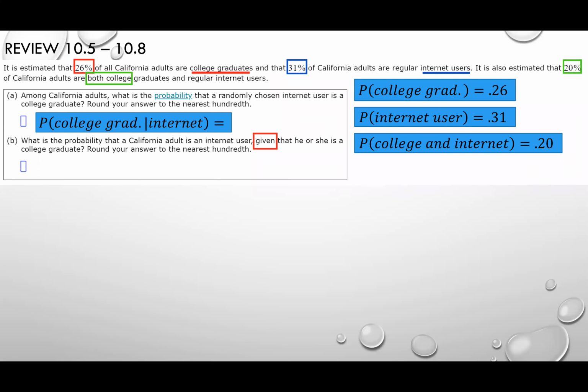It's the same idea as finding the probability of a college graduate given that that person is an internet user. I don't know if you can see the connection between the two. So we have to exclude, not exclude, but kind of exclude, right? We have to extract this group of people out. We're just looking at this group of people, we're choosing the internet user. And of those internet users, how many of them are college graduates?